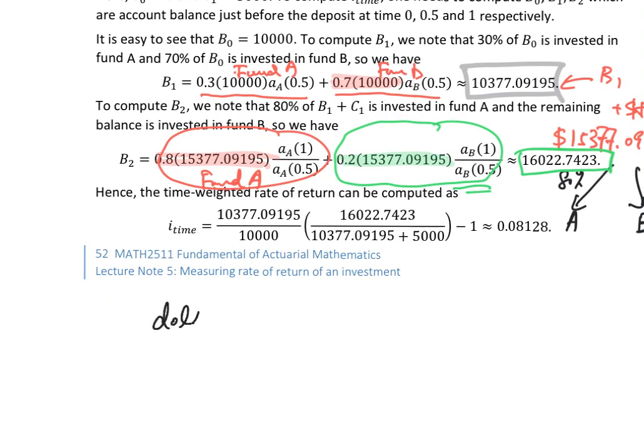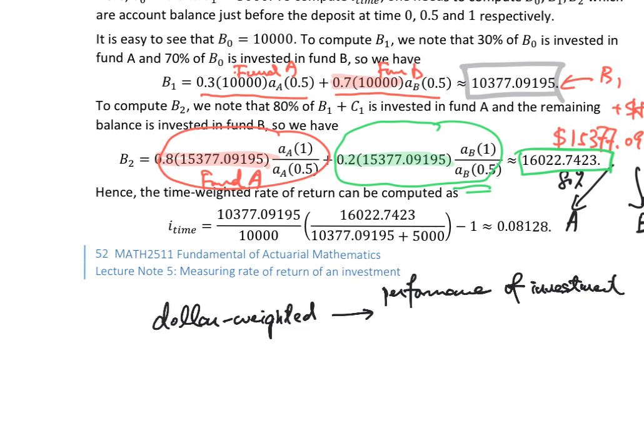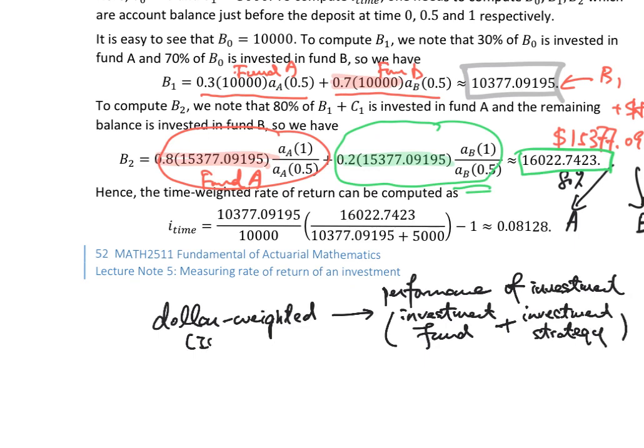It is the indicator that measures the performance of your investment over a year. According to what I said before, this indicator will include the performance of your investment fund plus your investment strategy, which is IRR based.